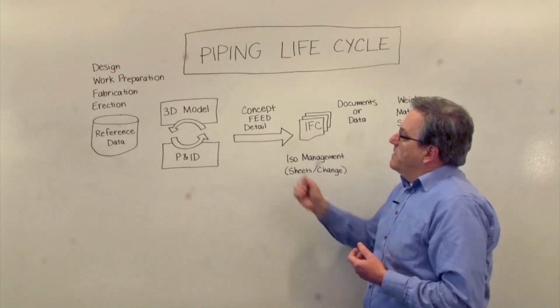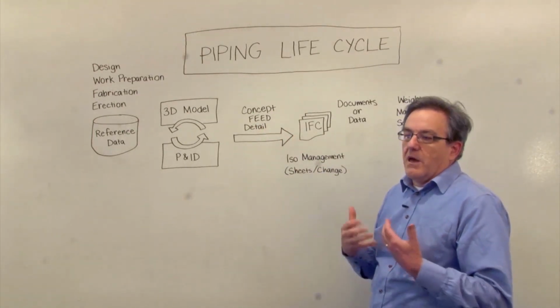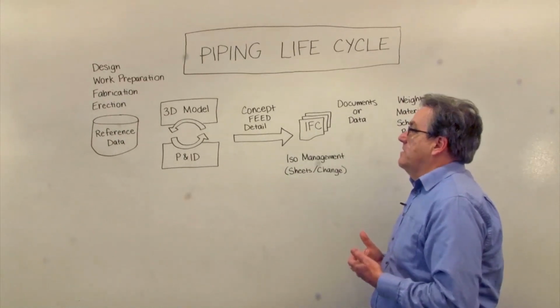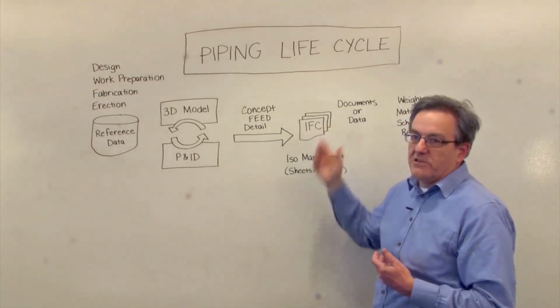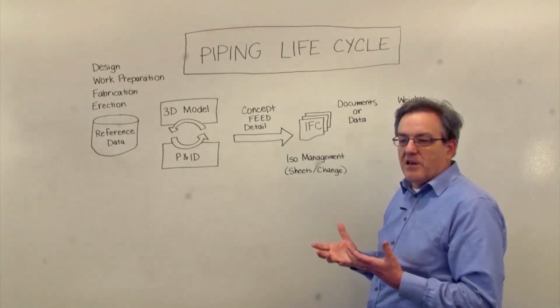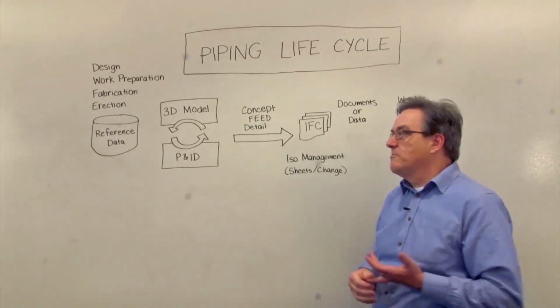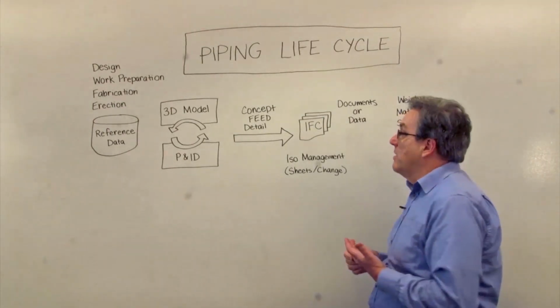But I can't give that 3D model to a piping fabricator. He may not have the skills to use it, and what he's used to working with is drawings. In the case of piping, that's typically a piping isometric drawing, which is a schematic which fully details all the dimensions and the material in the pipe.